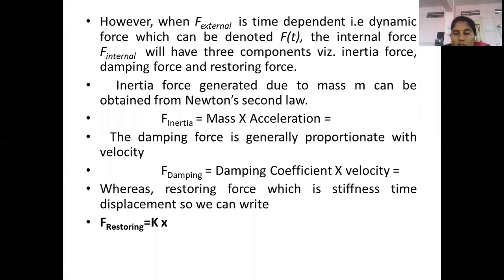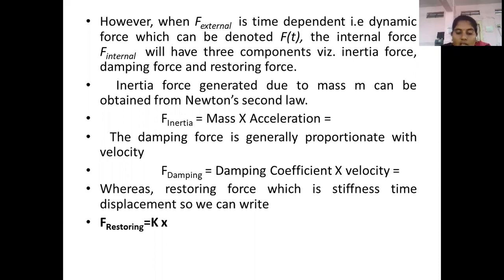For solving these dynamic equations, we have to go for Newton's second law, that is inertia force ma equals mass into acceleration. Again, there is damping, which changes with respect to velocity, that is the damping coefficient into its velocity.